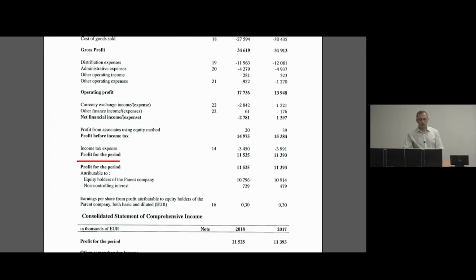Instead of net profit, Silvano is using profit for the period as a synonym for the net profit. And this is the challenge for the new analyst, that companies are using different vocabulary and you need to understand based on the structure of the statement what means what. So profit per period.